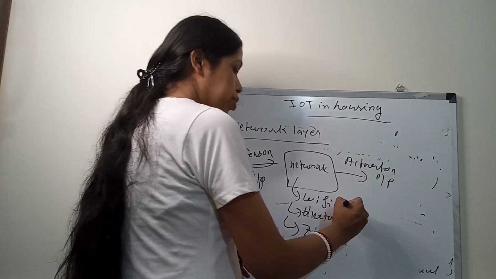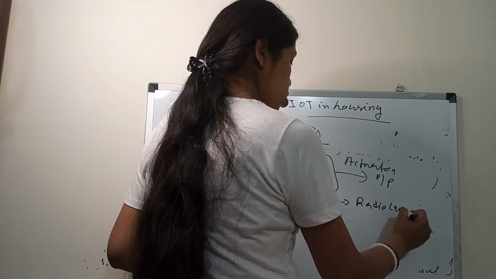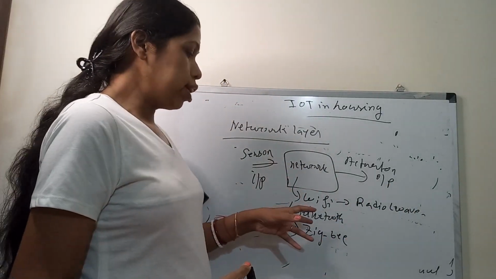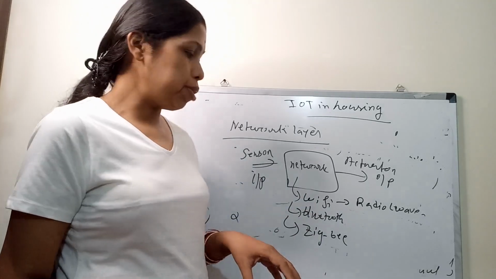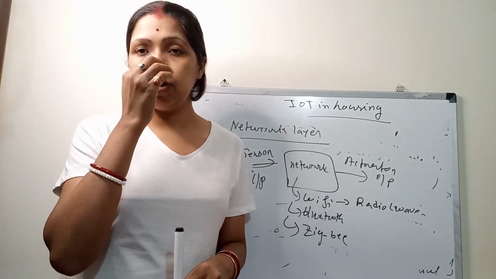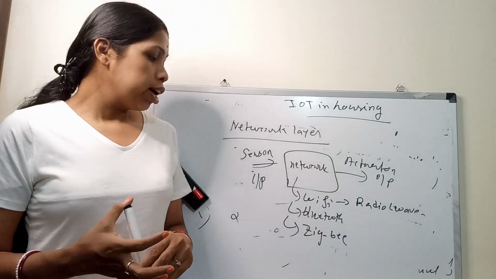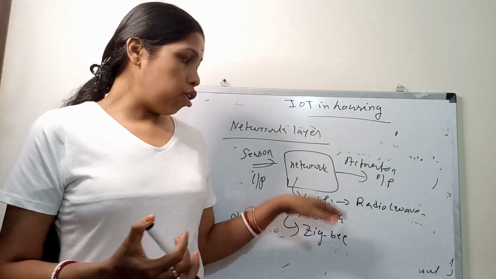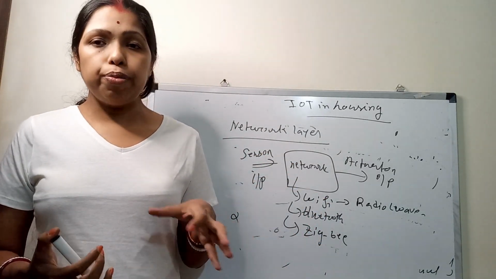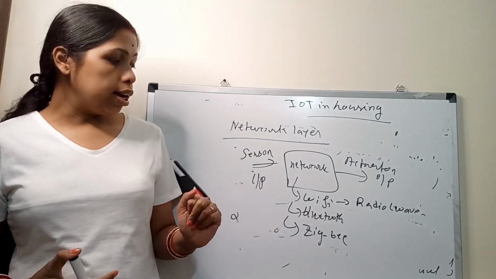Wi-Fi gives radio waves for the local area network, Bluetooth is normally used for small device applications, and ZigBee is used for low power consumption. If you need a device with low power consumption, you can use ZigBee. All are communication network protocols through which you can send the data from the processing layer to the application layer.